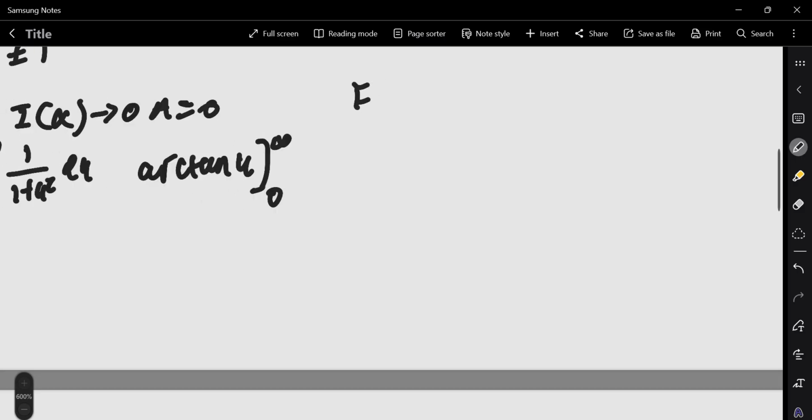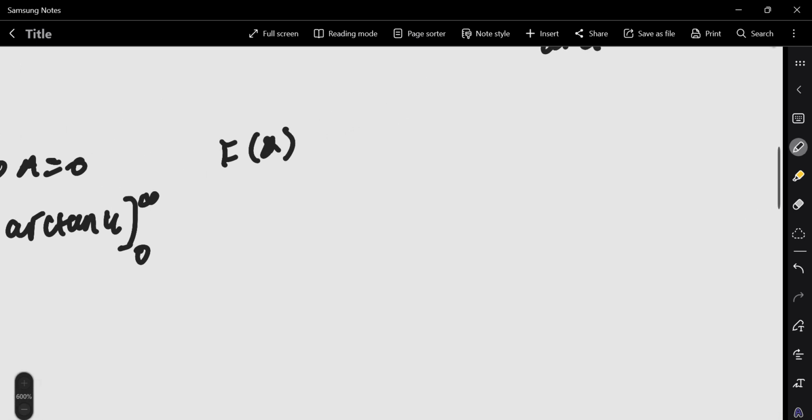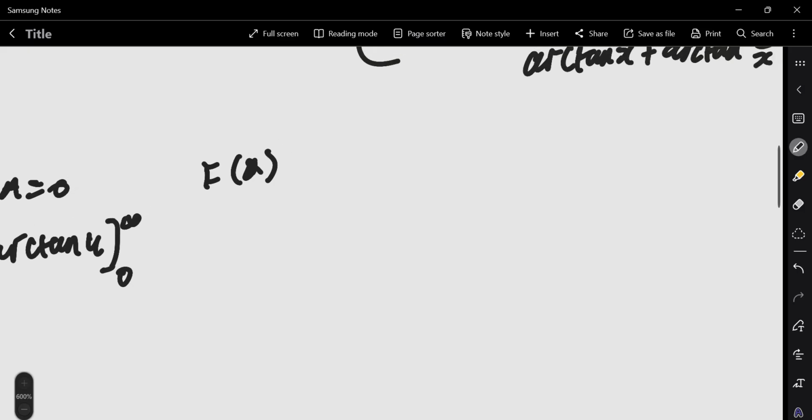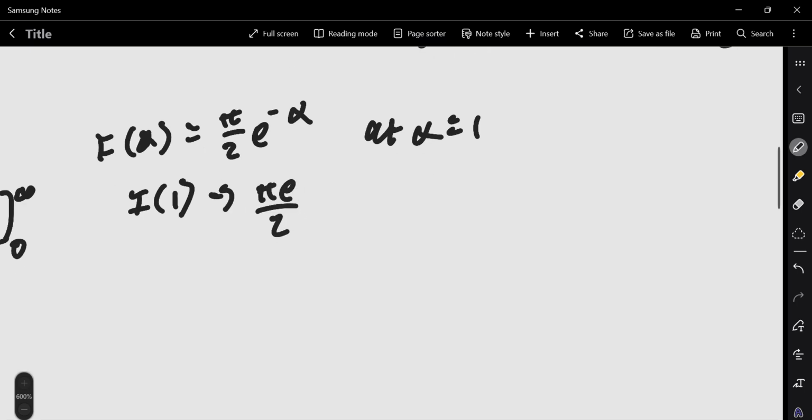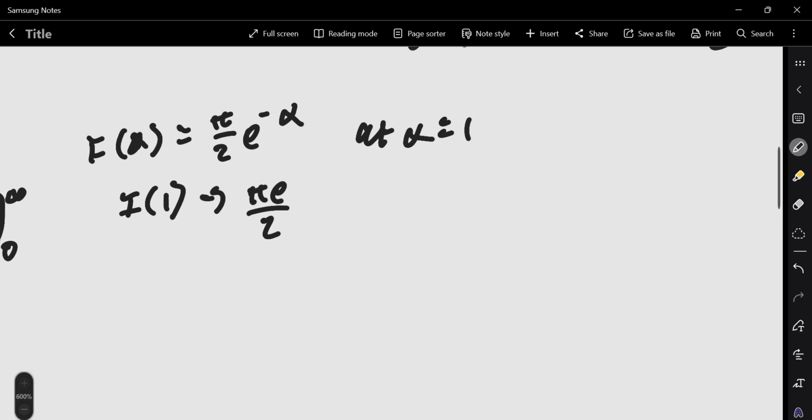So therefore, I of alpha, not t, is just going to be pi over 2 e to the minus alpha. And at alpha equals 1, we have pi over 2e. And so, because of the 2 from before, we can say I equals 2 times I of 1.